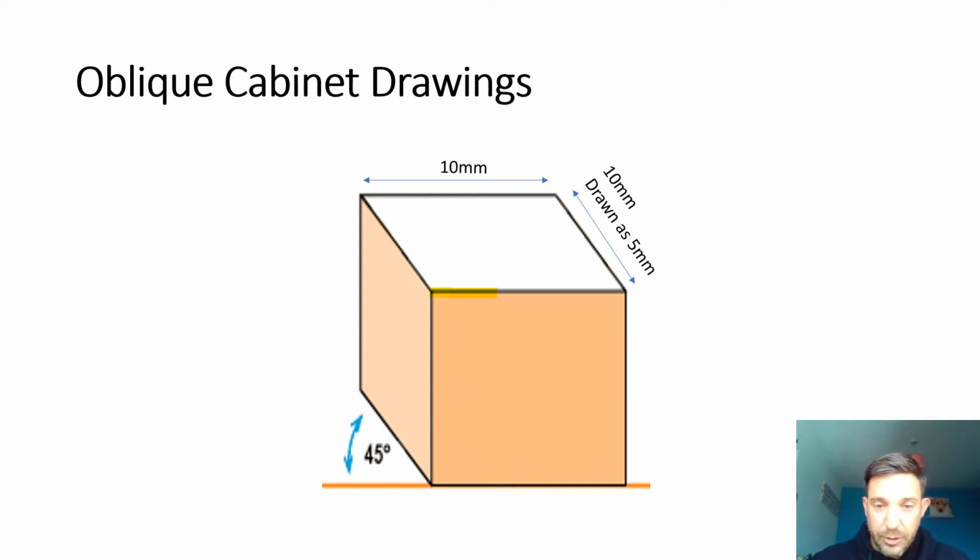So we draw 10 mil, 10 mil, 10 mil, 10 mil. But then when we do our depth, although it looks like it's 10 mil, that is actually drawn at 5 millimeters. So our depth perception is half of the actual measurement. Okay, so depth perception is half.